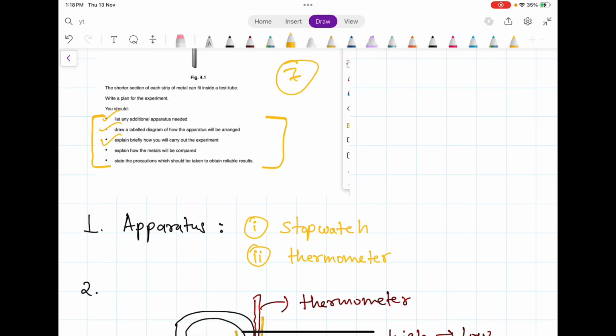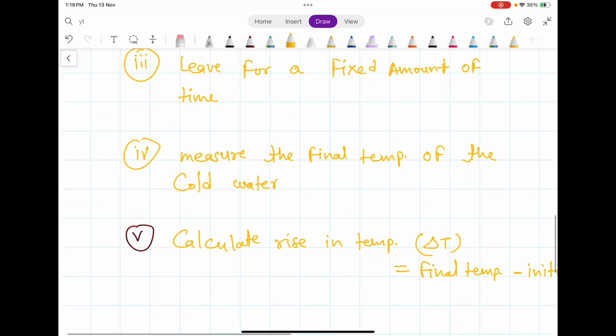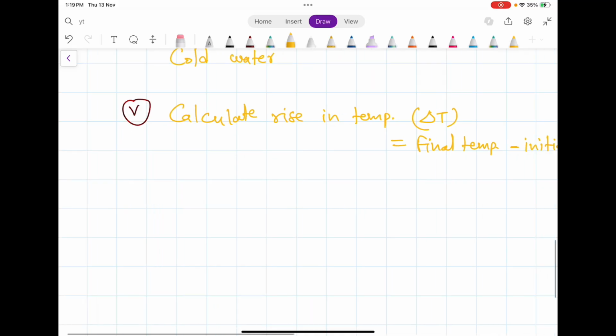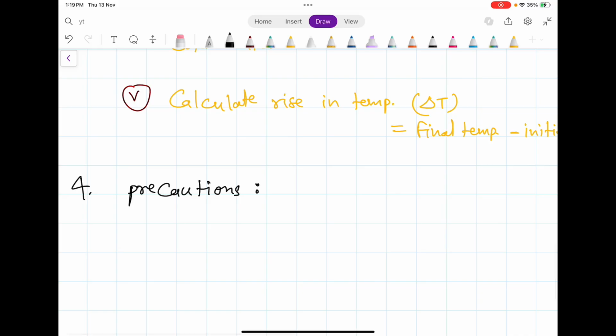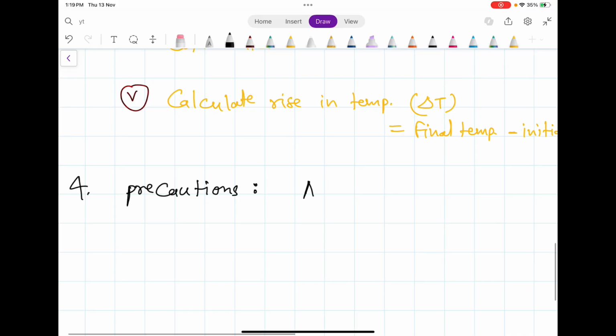Now in the fourth point, explain how the metals will be compared. So basically they are asking how you can write down the conclusion. Also, they are asking about precautions. Precautions we can write first. In the precautions we can write: avoid parallax error.